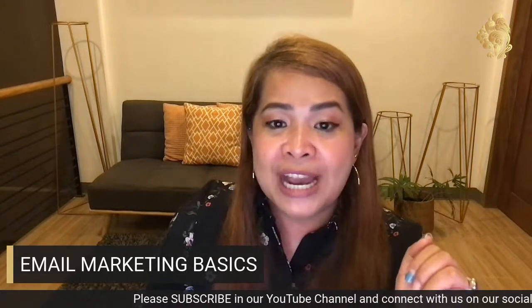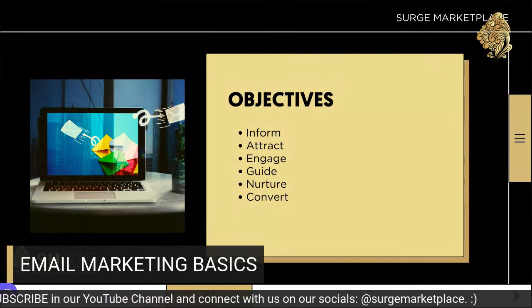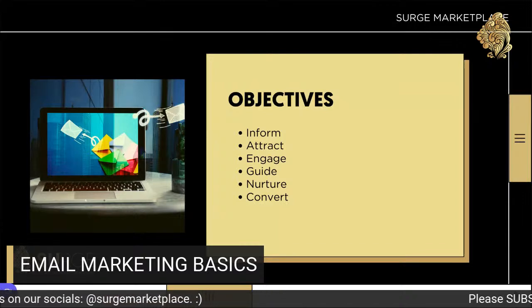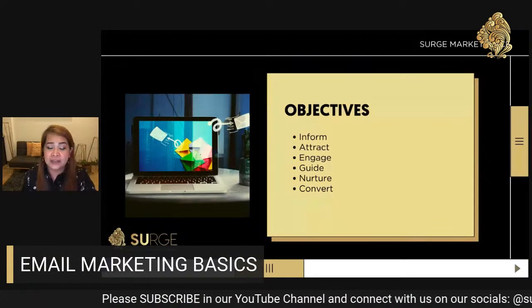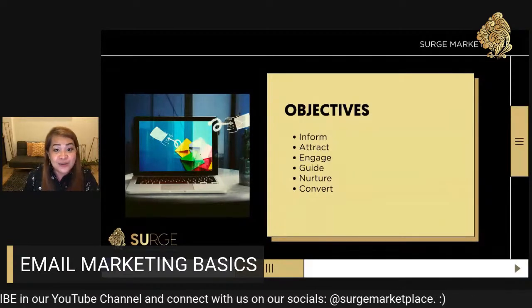So the objectives for your email marketing can be the following. Number one is to inform them. Inform means you have information, maybe you have an event. For example, for those of you in Davao, we have an event this coming 27th, a freelancing convention, and you are free to come and see you guys face to face.